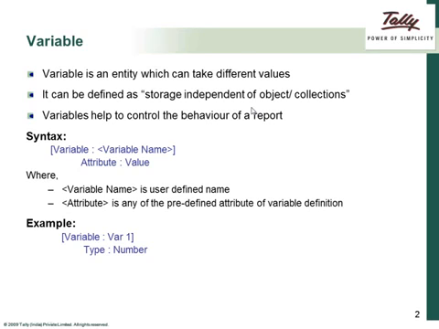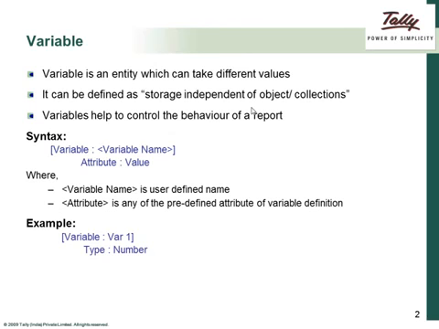So a variable can store values independent of your database, which we call an object or collection, and is specifically used to help you control the behavior of a report that you see on your screen.